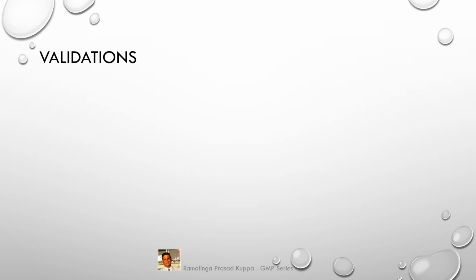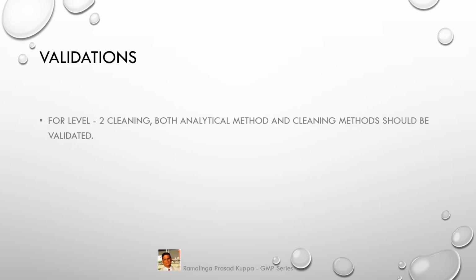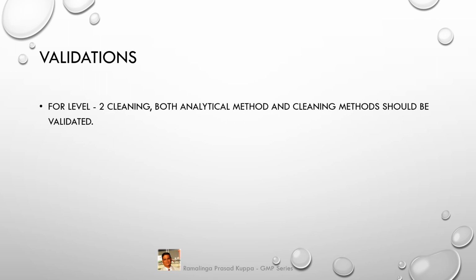Let us look into validations. For level 2 cleaning, both analytical method and cleaning methods should be validated. This step is ultimate for cleaning validations. All steps of cleaning should be validated before the equipment is released for manufacture of any product.